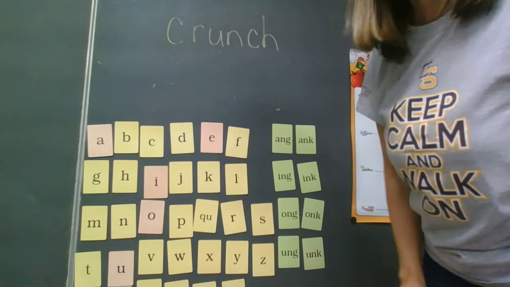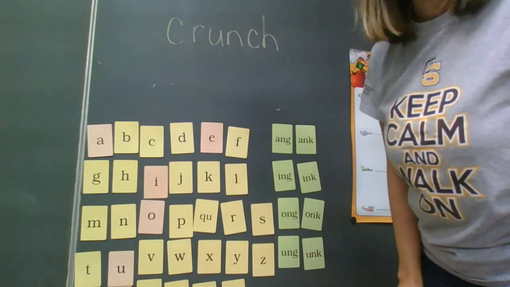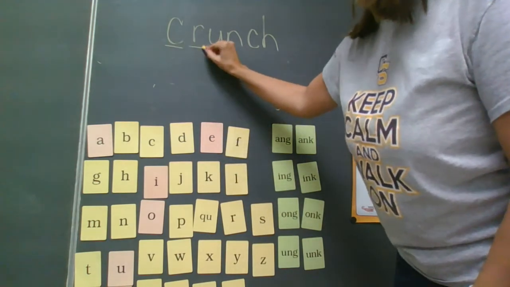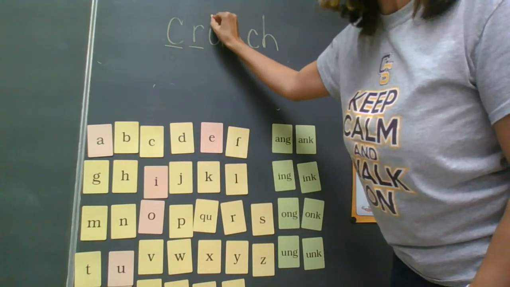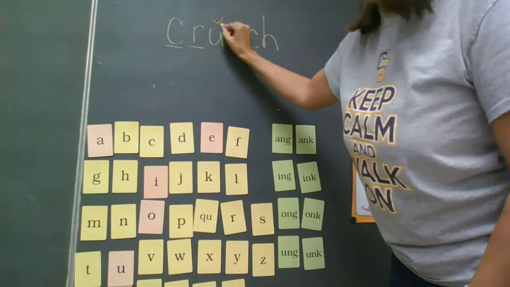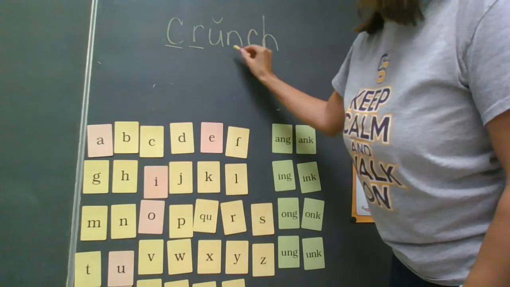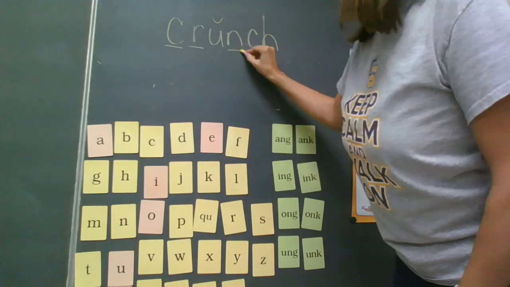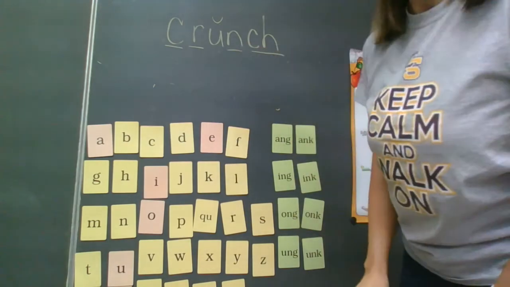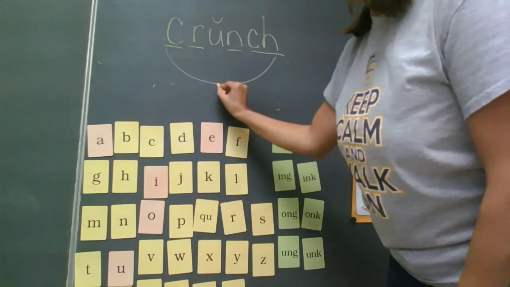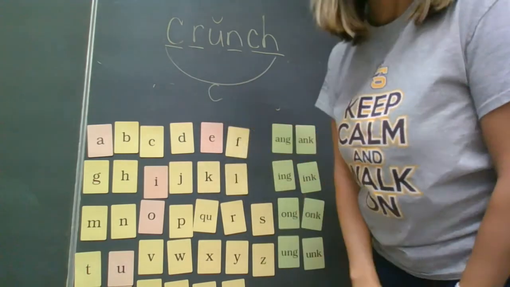Okay, so to properly mark this word crunch, let's do our blend. We know this is the short vowel, so I'm putting a breve above it. And then let's do our digraph blend at the end. Remember, digraphs go together. Now let's scoop it, crunch, and mark it C for a closed syllable.